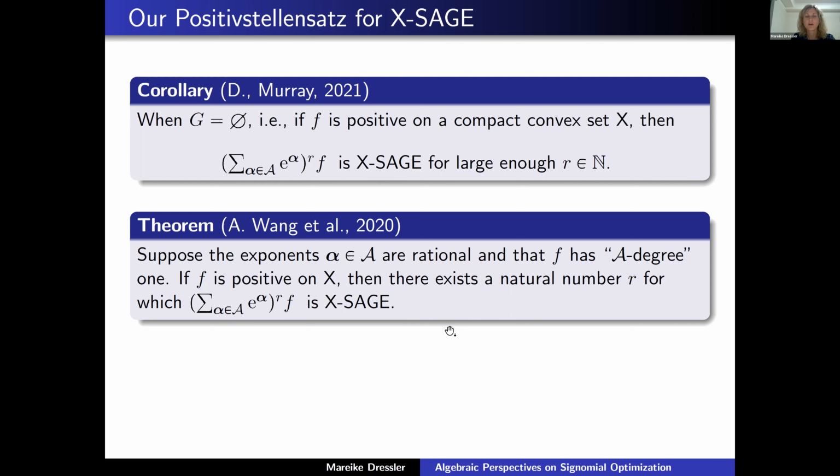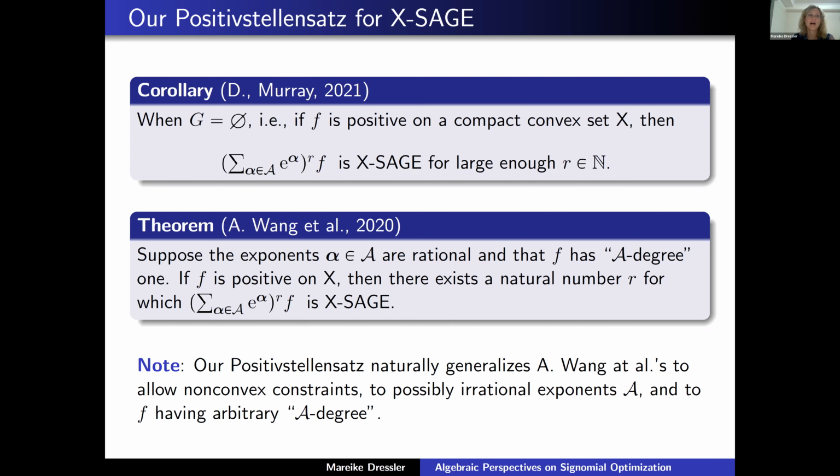So F is positive on X, then there exists a natural number R such that this time 2^R times F is X-SAGE. But really note here that our corollary, which follows directly from our Positivstellensatz, generalizes from rational to possibly irrational. And there is also this slight, computationally heavy difference, namely that we allow F to have a degree greater than 1.